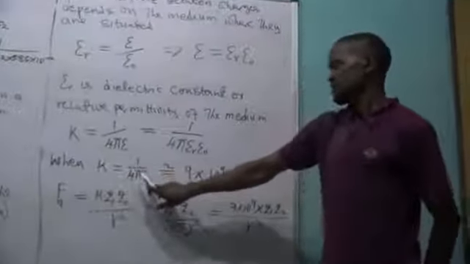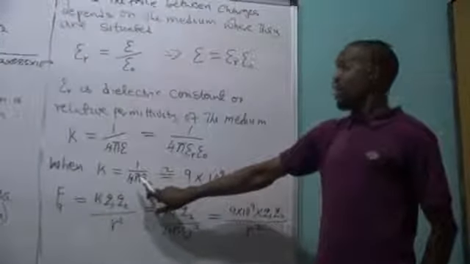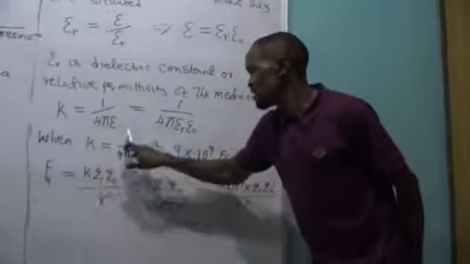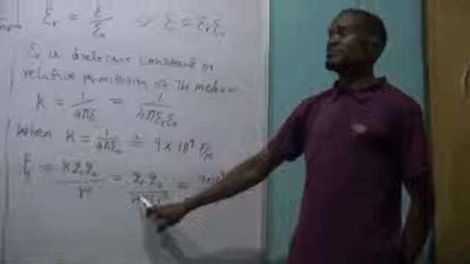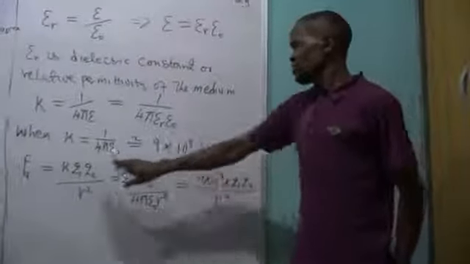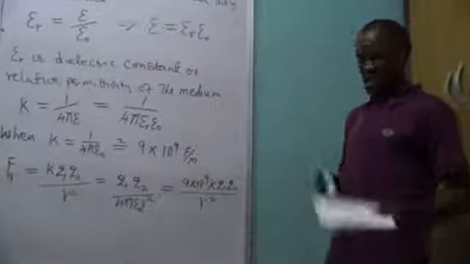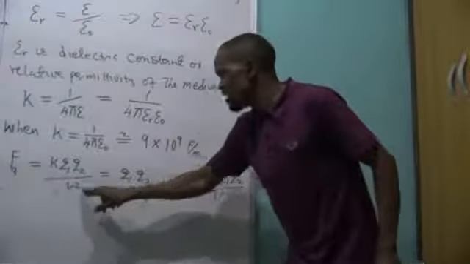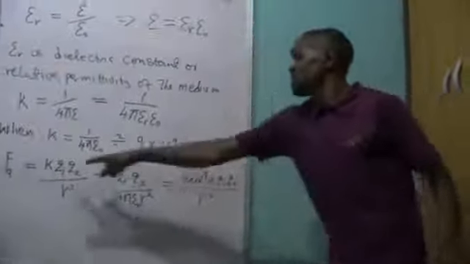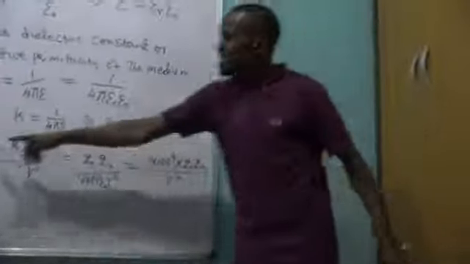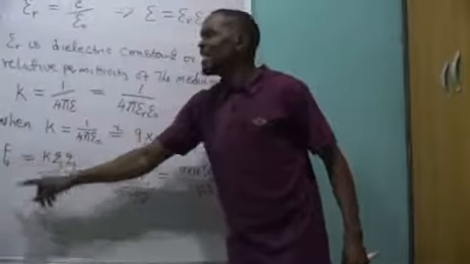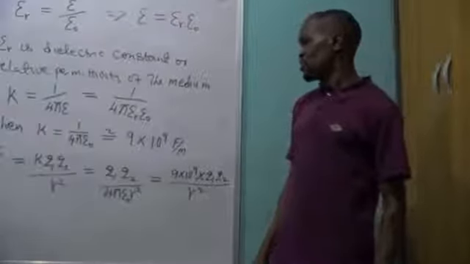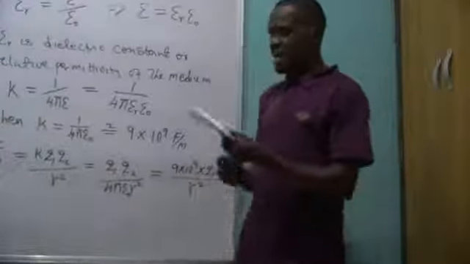When K is the permittivity of free air, which you know as this, substituting this for this term, I'll have this. So any of them goes. And this F_A stands for what? The force of attraction or repulsion exerted on the charges in free air.